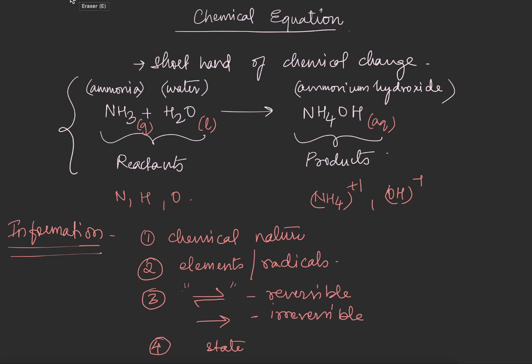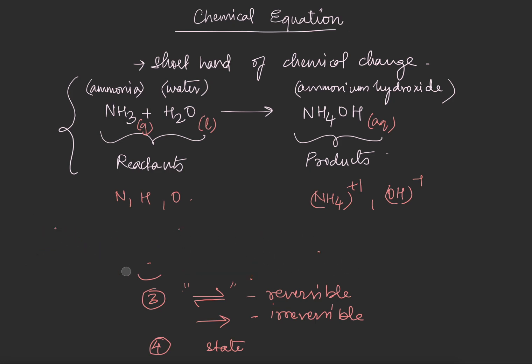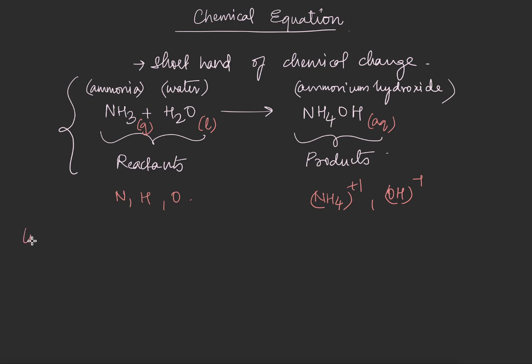Now let us find out what are the limitations of a chemical equation. Although we get different pieces of information about a chemical reaction, there are some limitations also. Okay, what does it not provide?